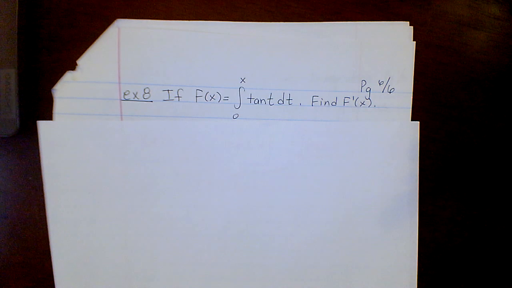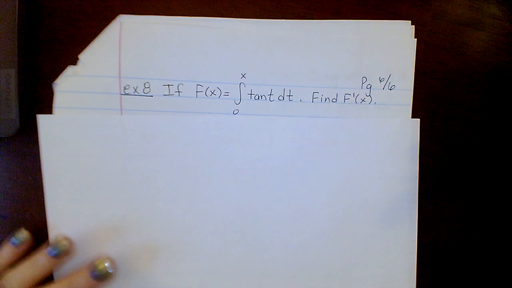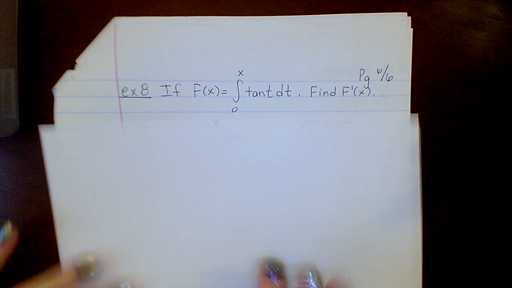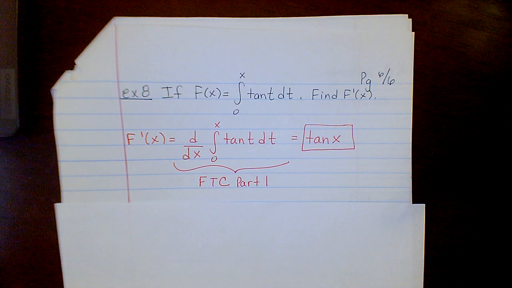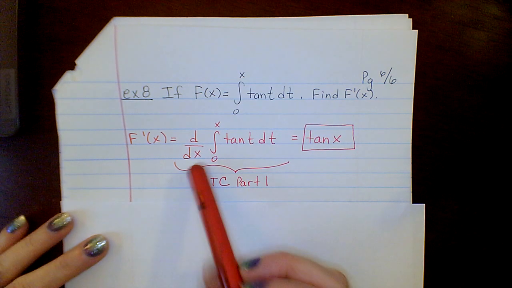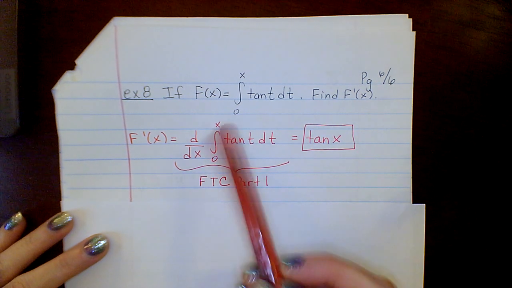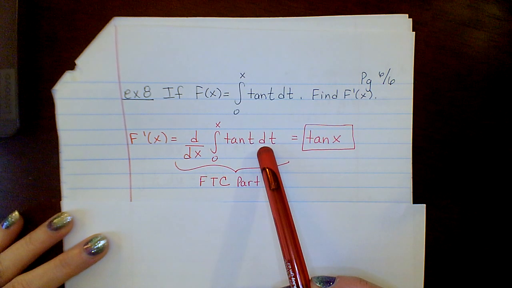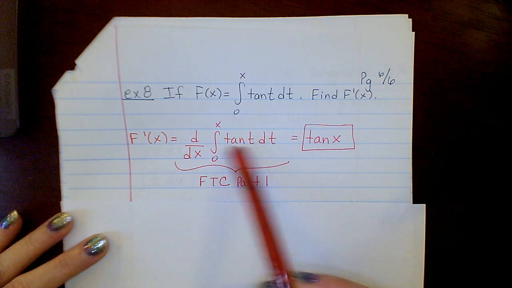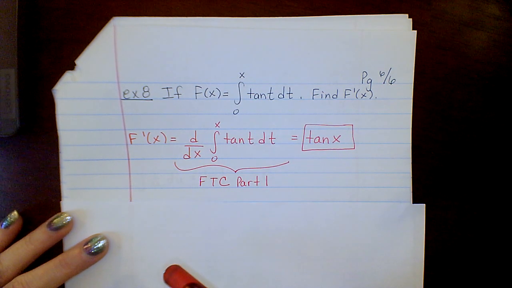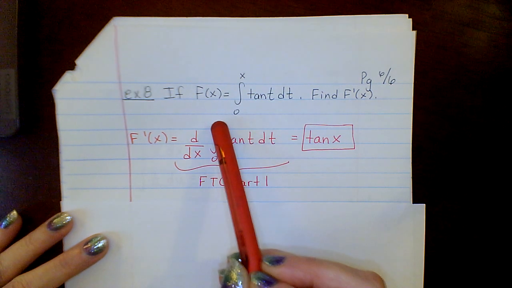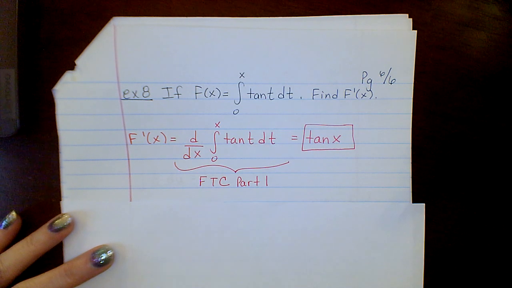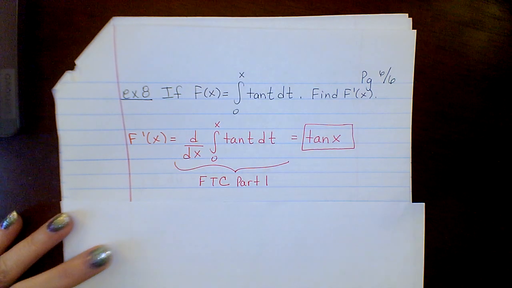And that first part is telling us that the derivative and the integral are inverse operations of each other, right? So that first fundamental theorem of calculus tells us that if you take the derivative of this integral, you just get this stuff right here, but you get it as a function of x because you're taking that derivative with respect to x.